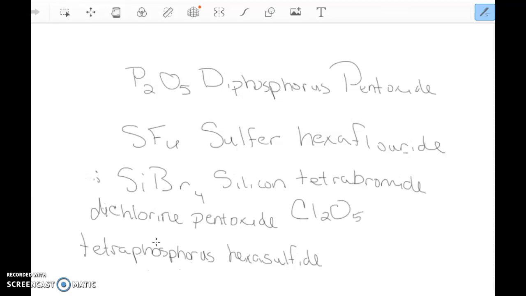I think they're super easy. Okay, tetraphosphorus hexasulfide. That means I have 4 phosphoruses and 6 sulfides. So that is going to be P with a 4, showing that there's 4 of them, and S with a 6, showing that there's 6 of them.